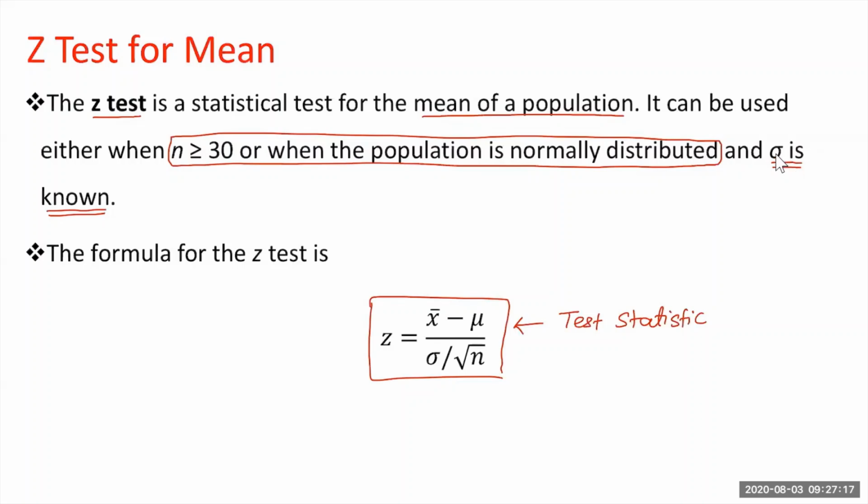So when sigma is given, we'll use this formula. If sigma is not given, it will be a little different case. But this is the first case that we are exploring. We'll be working on 3 different cases today, and this is the first one. Make sure you write this formula or highlight it in your note catcher, because we'll be using this formula in the next example.